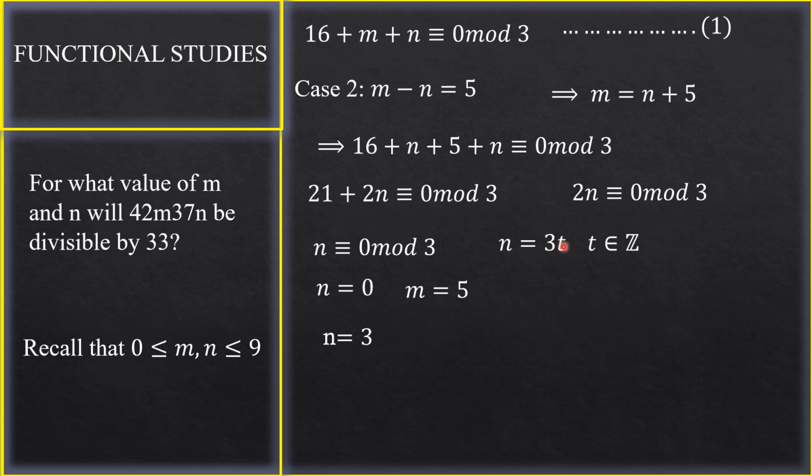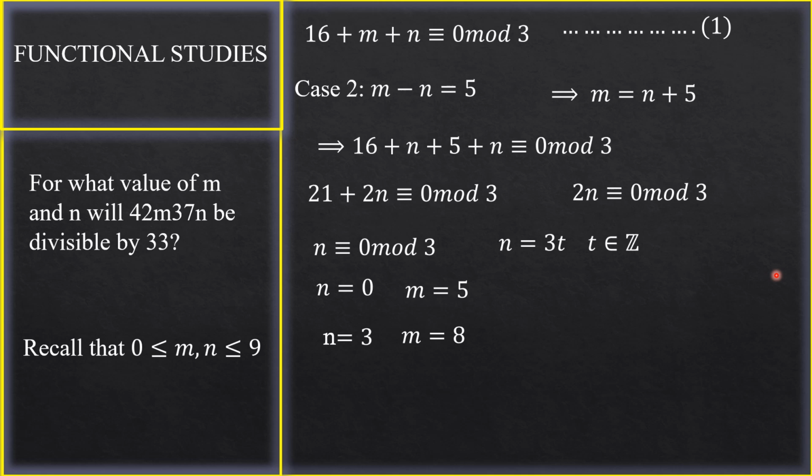Okay, values of t, you can have t equals 0, t equals 1, and so on. When t is 1, we'll have n equals 3. In that case, if n is 3, we'll be having 3 plus 5, which is 8. So m is equal to 8. It's a possibility. It does not exceed this zone. So this is another possibility.